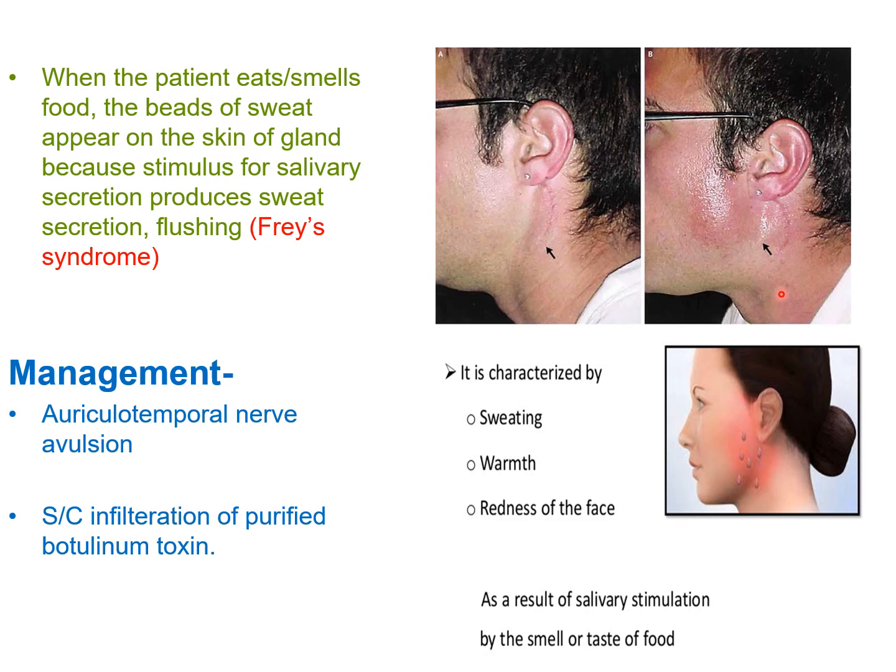That is known as Frey syndrome. The characteristic features are the flushing, warmth, and excessive sweating of the ipsilateral facial skin. A burning sensation, itching or pain in the distribution of auriculotemporal nerve may also be seen.